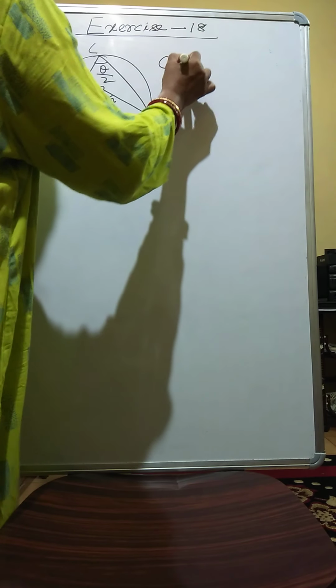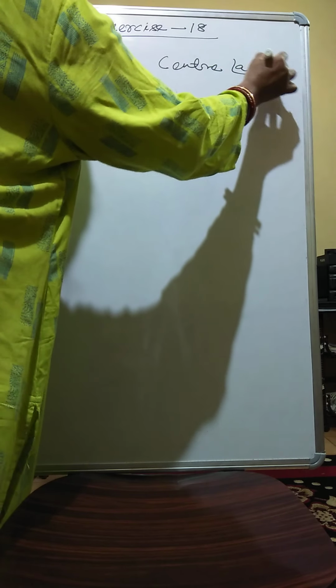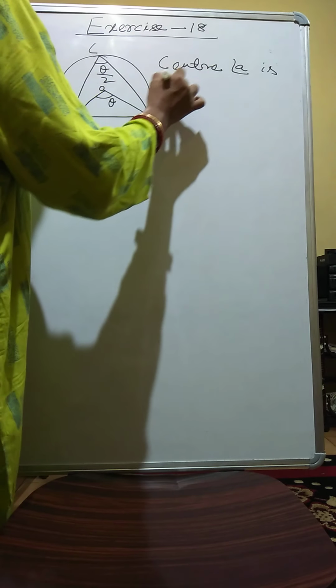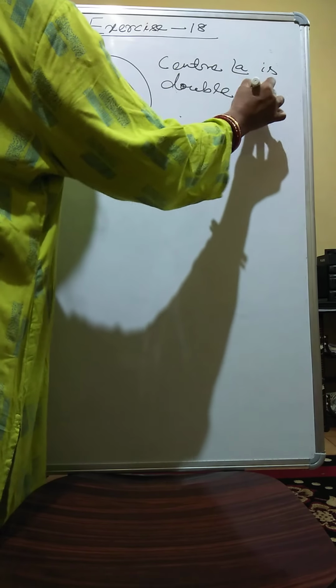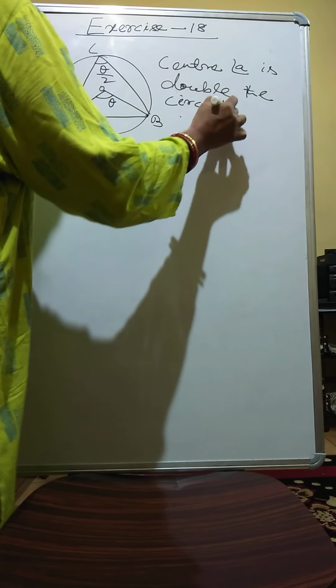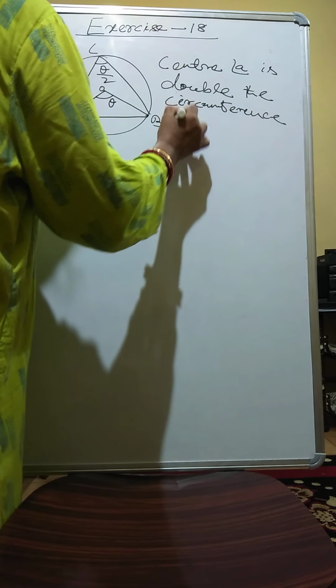The center angle, or the angle obtained at the center, is double the circumference angle.